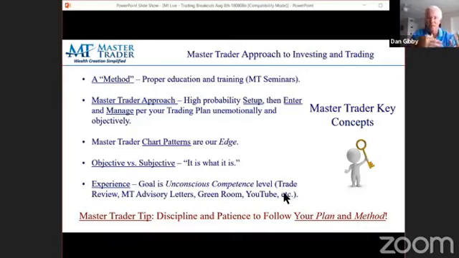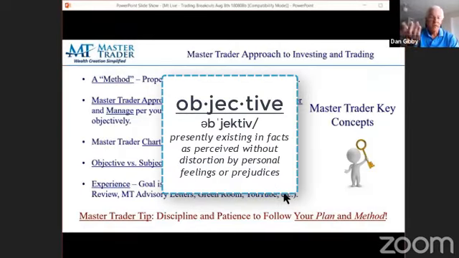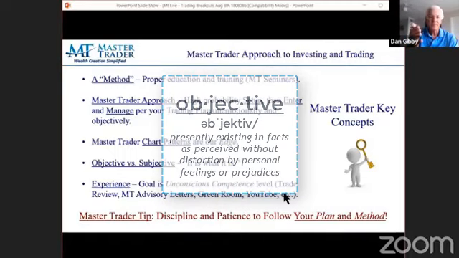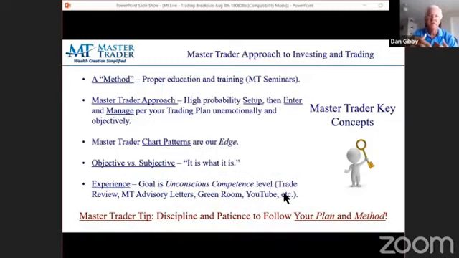We enter it with proper position sizing, and we manage it in between unemotionally and objectively. Greg, we both love saying the term objective. We don't look at a stock and wish it did something. We have a predetermination of what our bias is based on multiple time frames and compelling setups, and we're just buying and selling merchandise to make money.